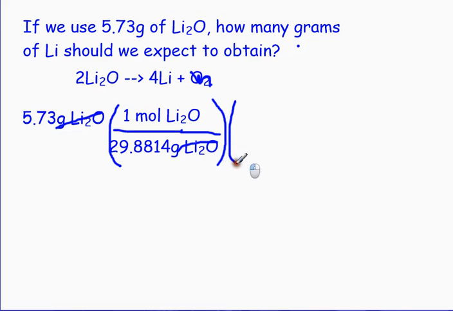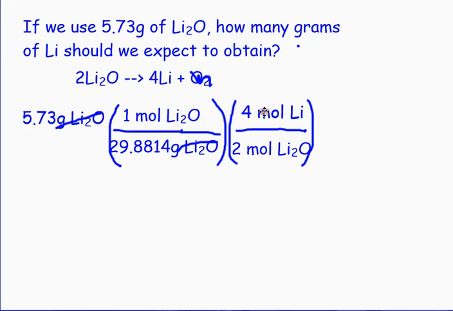The next step I'm going to do is using the coefficients to convert from moles of lithium oxide to moles of lithium. This is where I'm going to use my coefficients. From the equation, it tells me that I use 2 moles of lithium oxide to create 4 moles of lithium. This lets the units moles of lithium oxide cancel out, and I'm left with units of moles of lithium. However, this is asking me how many grams of lithium I should end up getting. So I need one more step to convert from moles of lithium to grams of lithium.